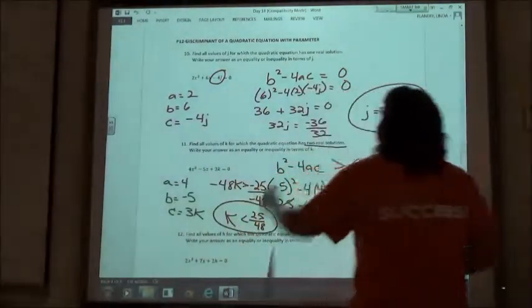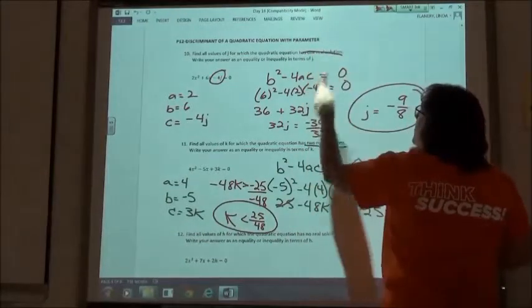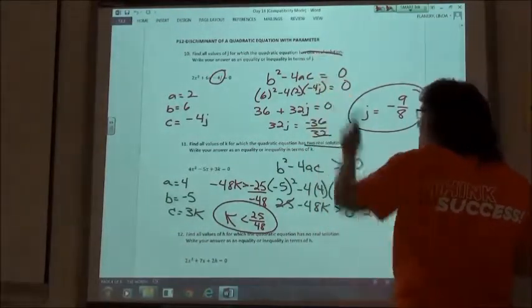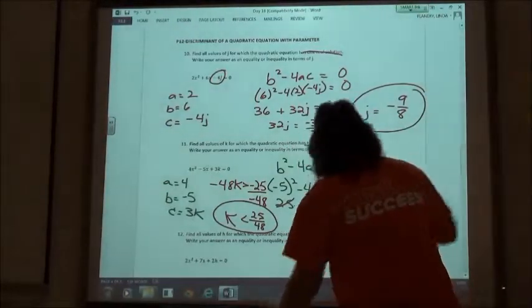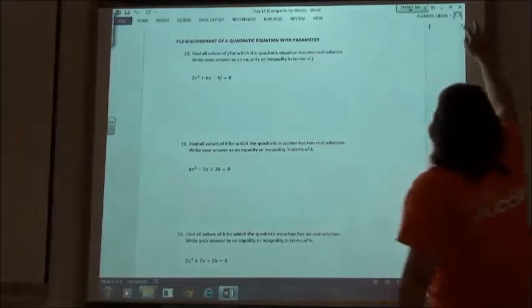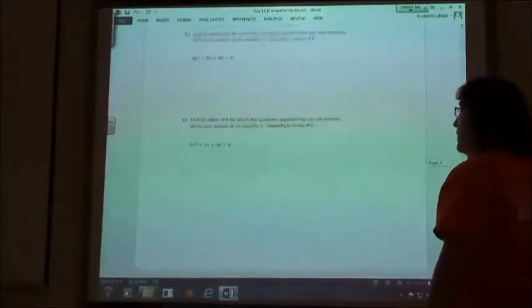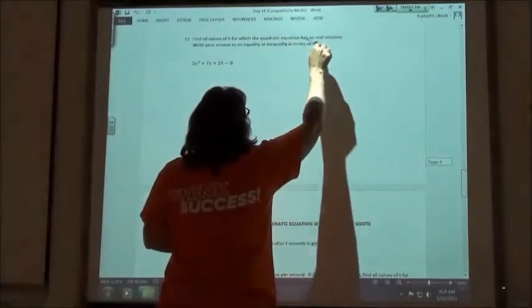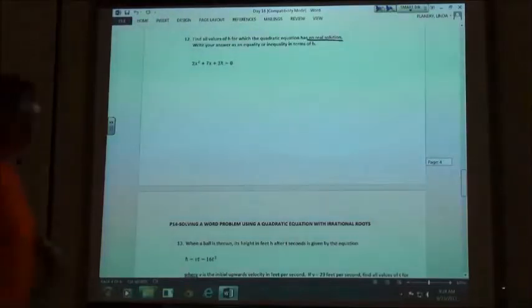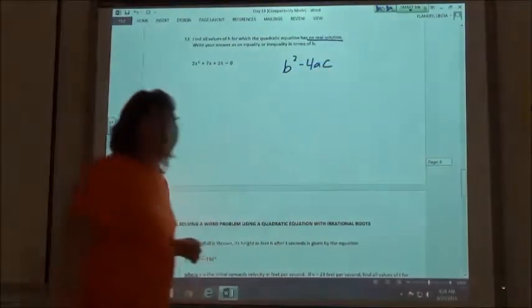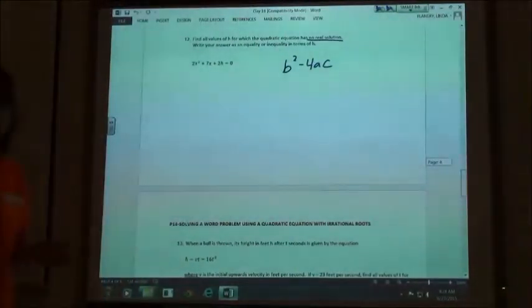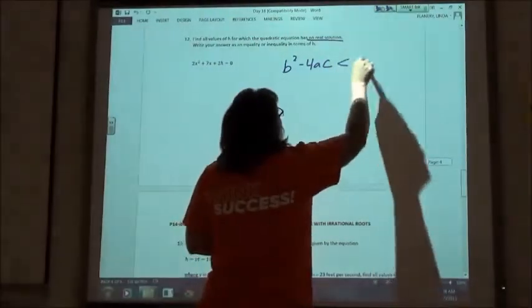So we had one where it said one real solution, where we said it equal to 0. 2 real solutions, we said greater than 0. The third one, it's going to say no solution. So number 12, if I'm finding the value of h for which the quadratic equation has no solution, then the b squared minus 4ac would have to be a negative number, so would have to be less than 0.